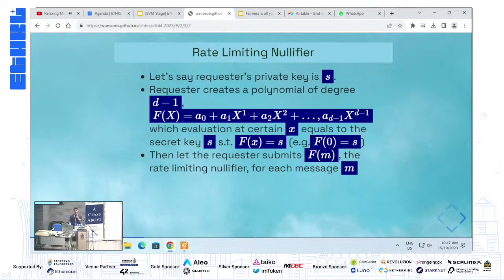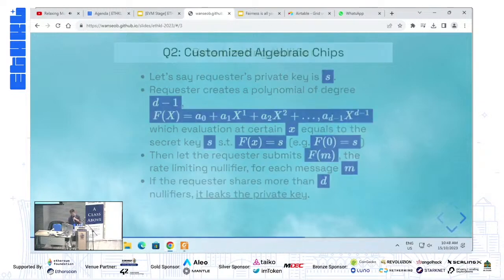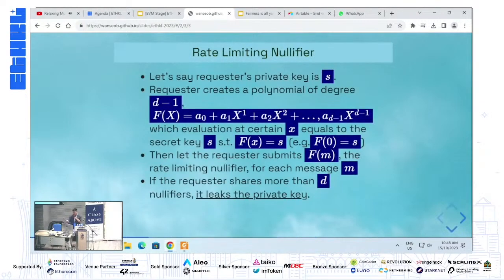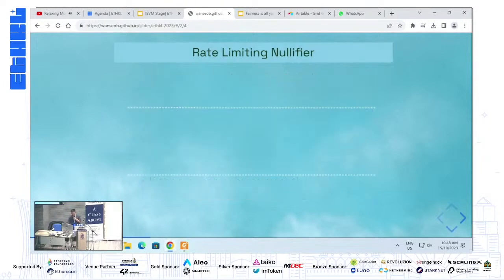So this is how we can prevent the requester from spamming too much, because if the requester shares too much, then it will leak the privacy, because we can compute the polynomial and we can compute f(0), and it will become the private key. This is what Shamir secret sharing is, and also how rate limiting nullifier works.